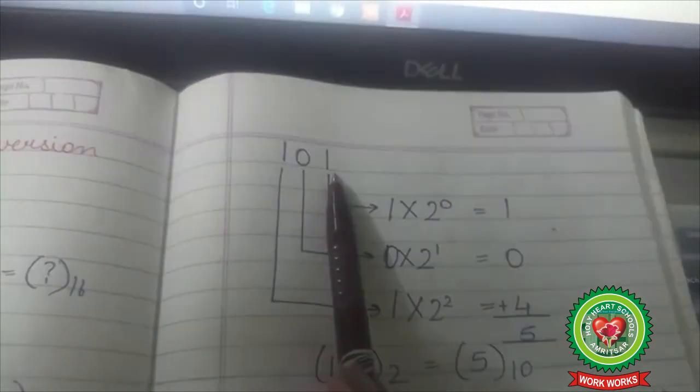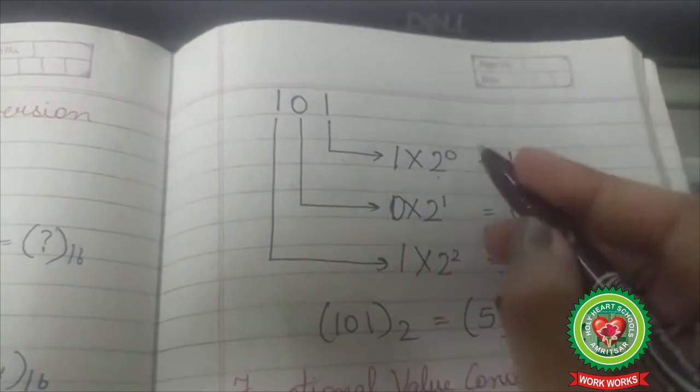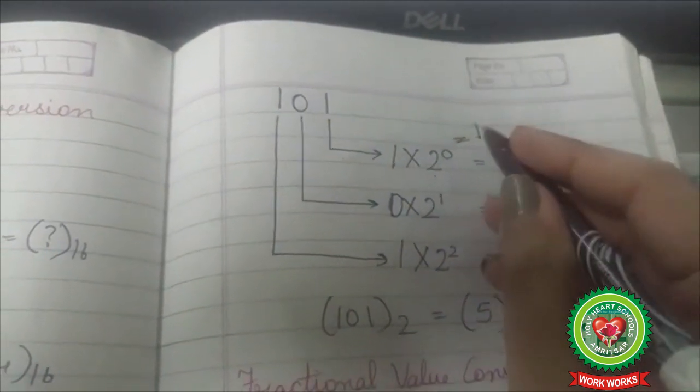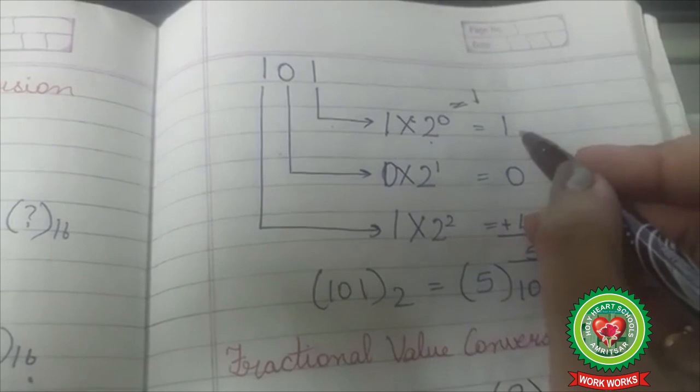Let's understand with the help of an example. 101. This is the unit place. We are going to multiply by 2 raised to power n, and n begins with 0. So 1 multiplied by 2 raised to power 0. Anything raised to power 0 is 1. So 1 ones are 1.